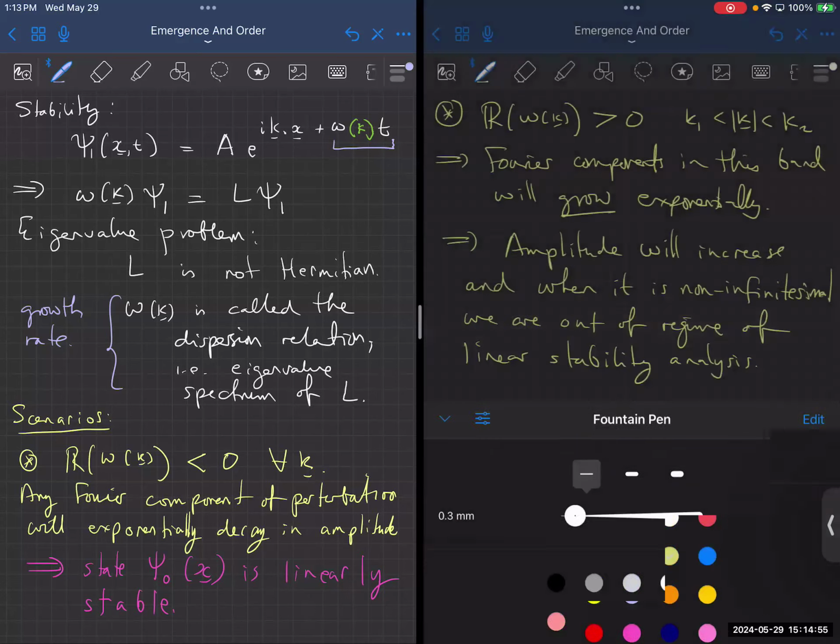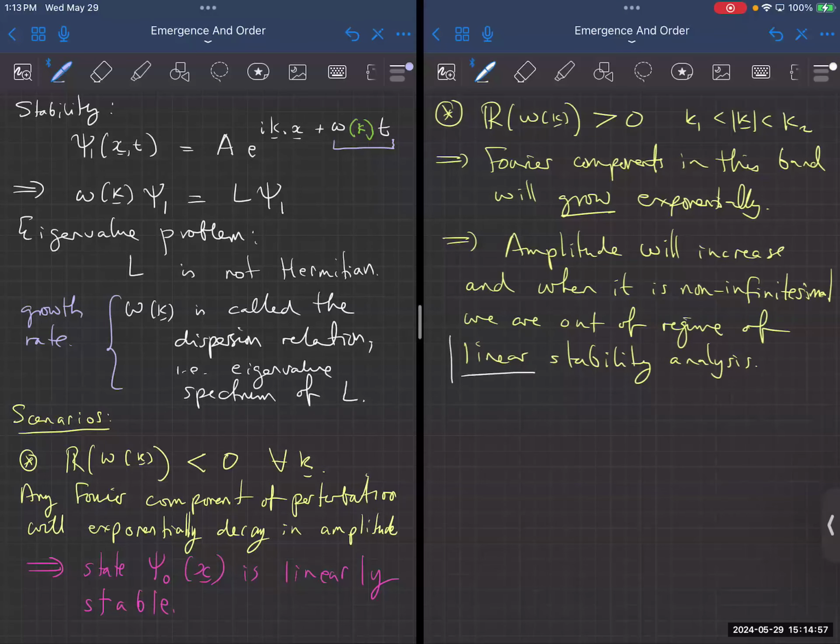And the reason is that the equations of motion that we're looking at are the linearized equations of motion. And since they're the linearized equations of motion, we're assuming that everything is small. If some of the quantities are growing exponentially in some wave number range, they'll eventually get out of the regime where we can make this small amplitude approximation.